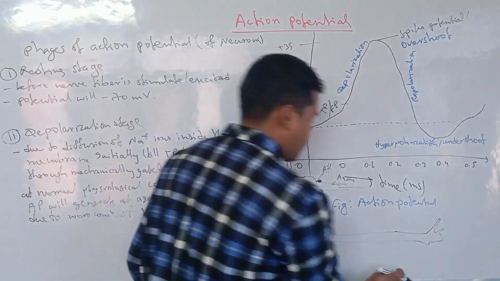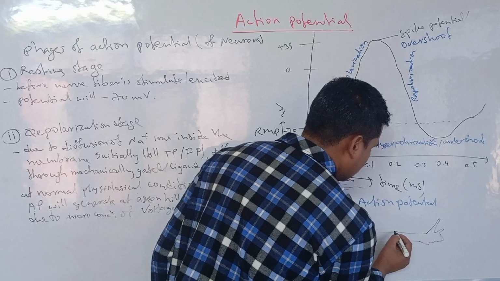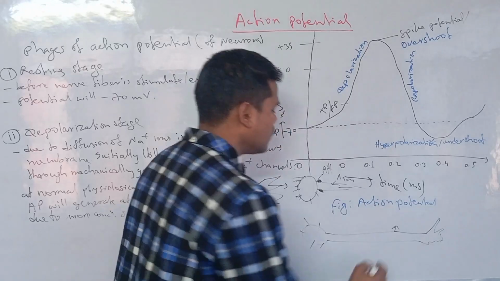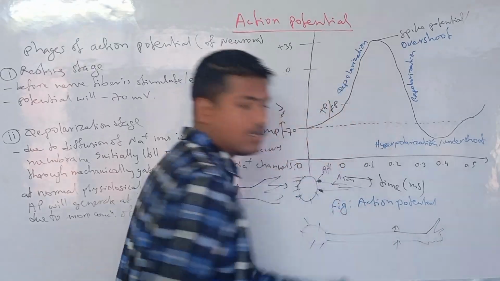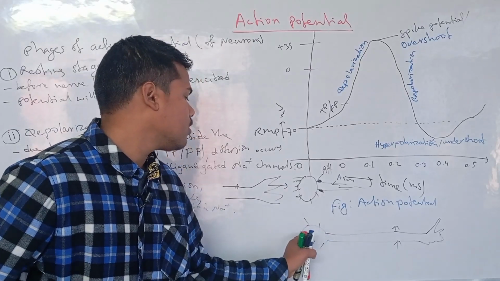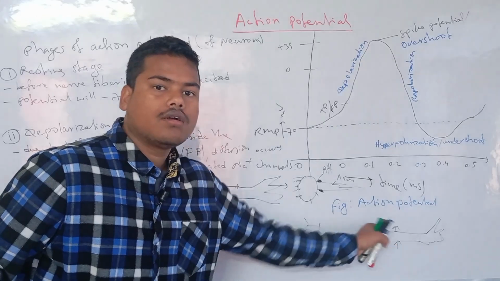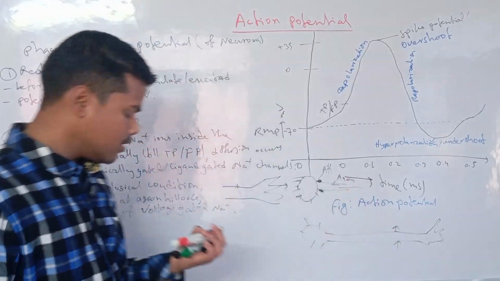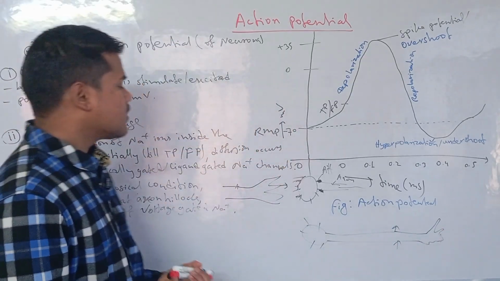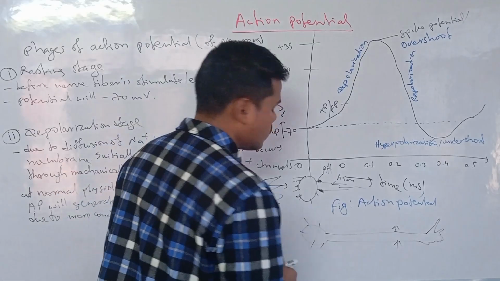If I give a threshold stimulus here at this point, away from the cell body or away from the axon hillock, will the action potential still be generated at the axon hillock?